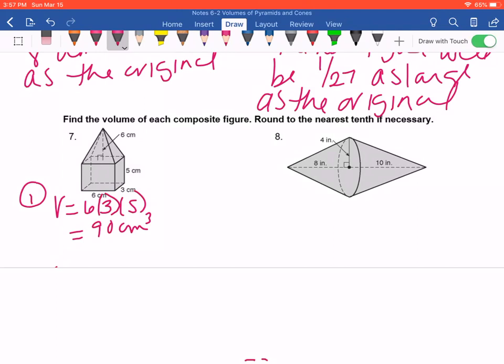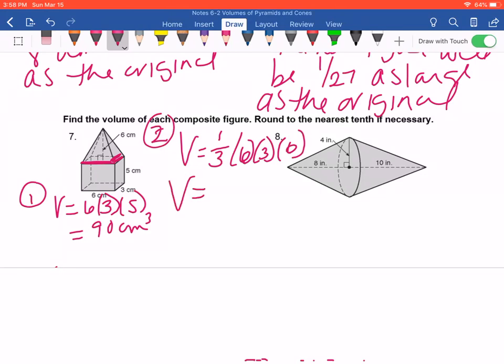Step number 2, you want to consider the volume of the pyramid. So considering the volume of the pyramid, I know that that's V equals 1/3 the area of the base. So what is the base on this pyramid? Well, the base is a rectangle. Okay, so I've colored it in here for you. Therefore, the area of the base is going to be 6 times 3 times the perpendicular height of our figure, which is 6.